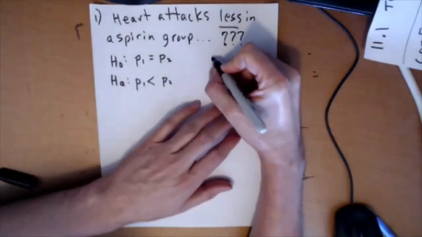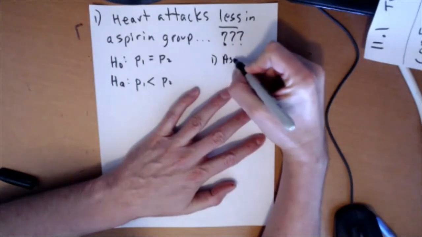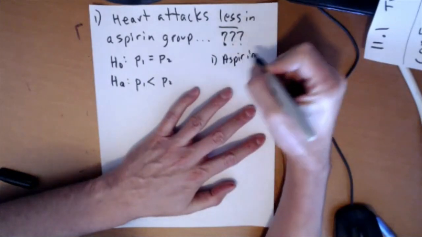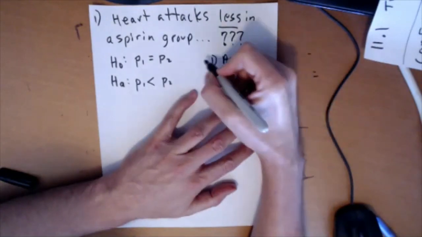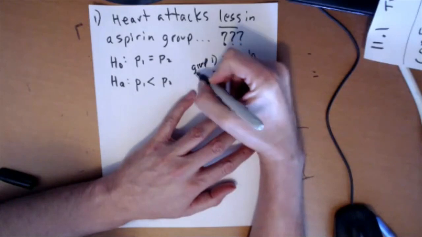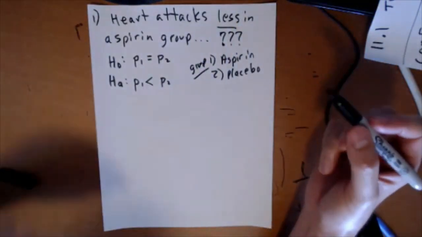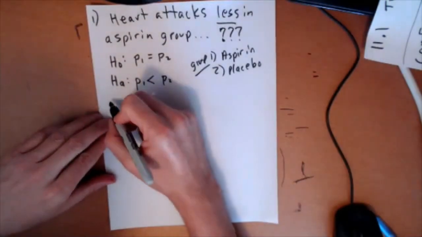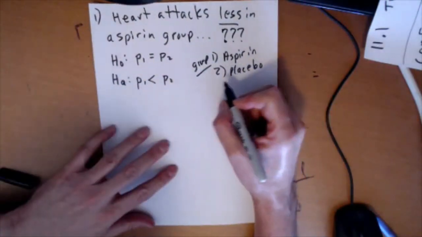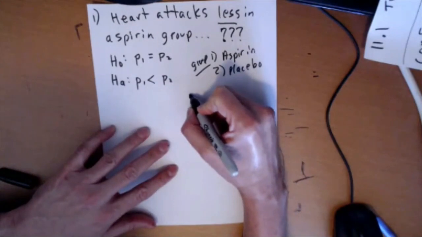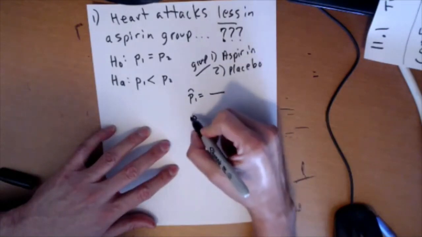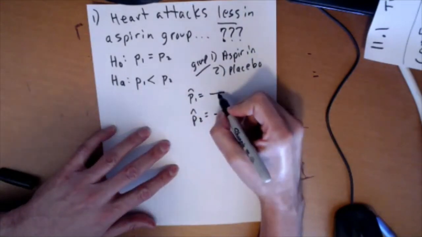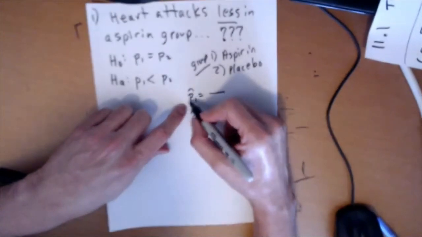So in this setup, group 1 is the aspirin, group 2 is the placebo. Then, just for fun, we don't need to do this, but p hat 1 and p hat 2. p hat 1 is what we observed, the sample proportion.